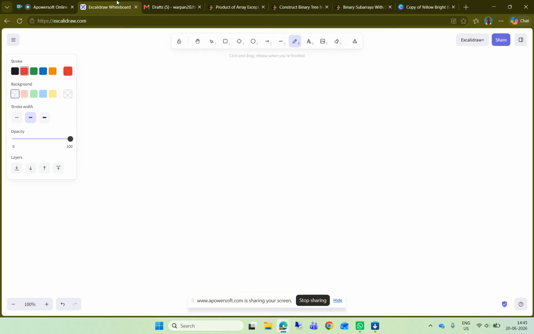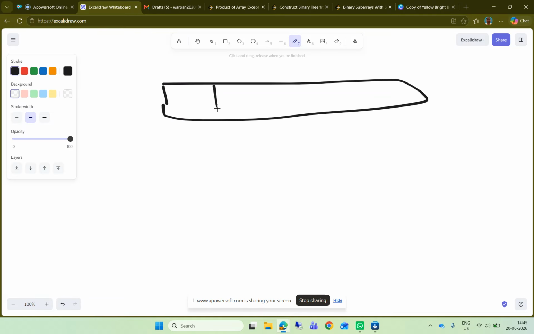So I'll tell you what I tried initially. There is one approach, the prefix sum approach, which you can try. Essentially it's an array, and suppose we have all the prefix sums.